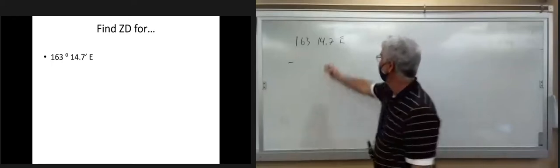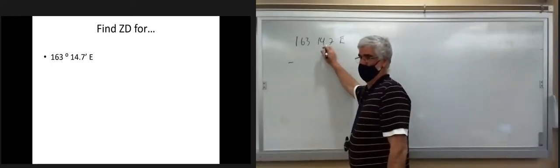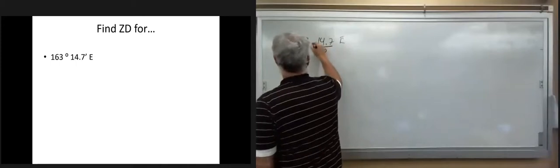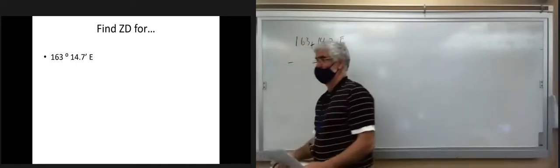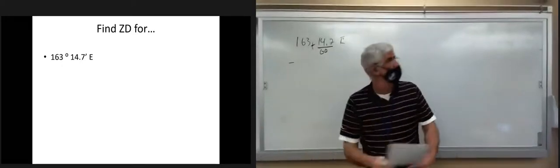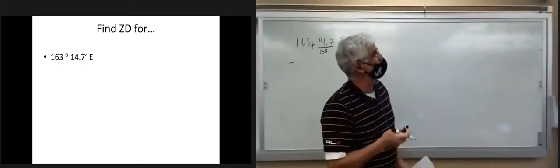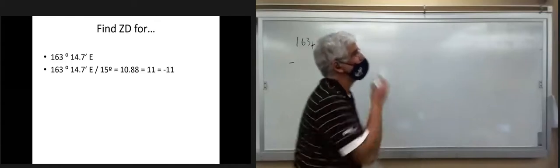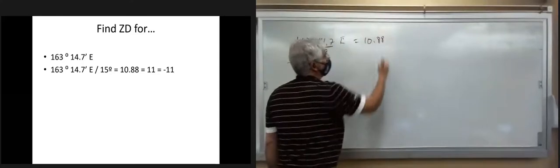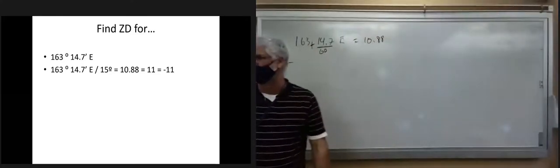You're going to convert this 14.7 minutes. You're going to divide that by 60, and you're going to add that to 163. That's essentially what you have to do. And when you do that, you're going to get 10.88. Now, we don't want the decimals. We're going to use the rules of rounding.